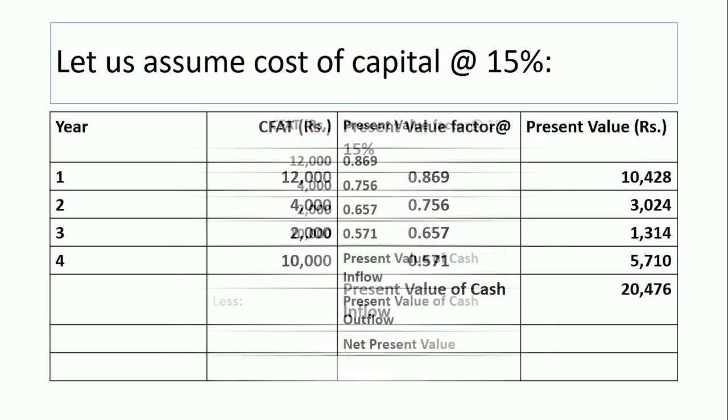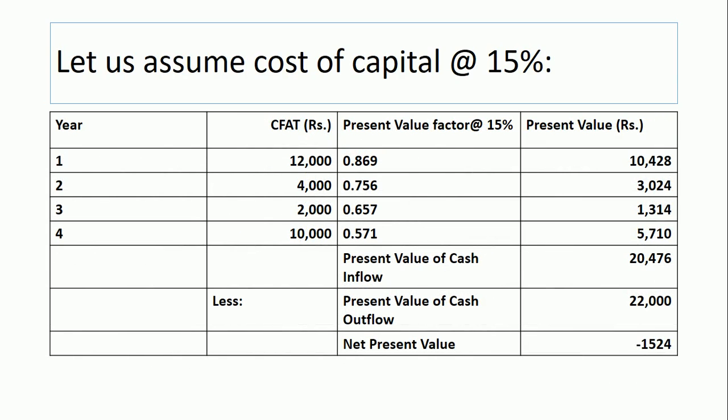That is the present value of cash inflows. From that we deduct the present value of cash outflows, 22,000 rupees given as project cost. Therefore, net present value is minus 1,524 rupees. Here NPV is a negative value.